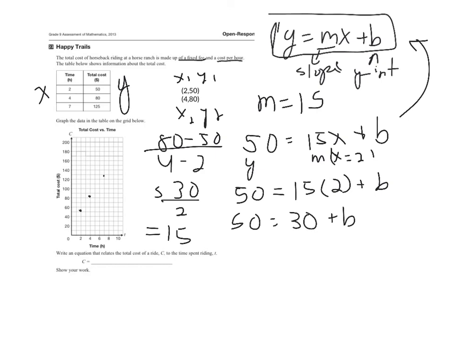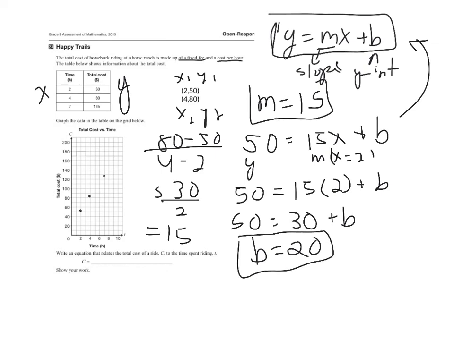I can see that my b will be 20. So this right here is what I need to answer my question. So y would be equal to 15x plus 20.